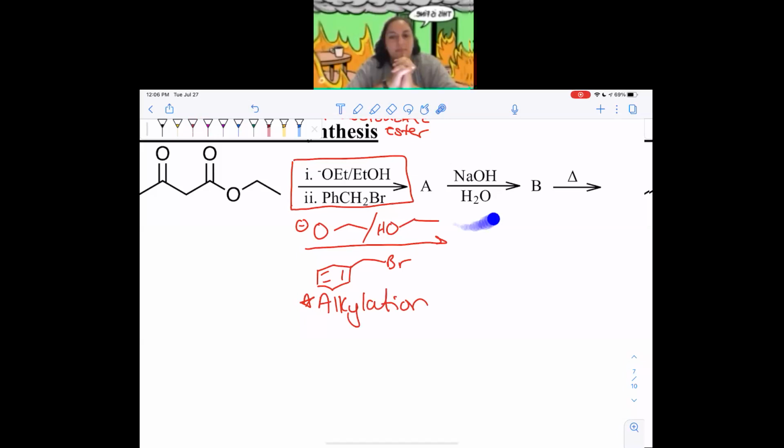All right. And we have NaOH and H2O. So we have water and we have a base. What reaction type could we have here? Think back to chapter 16 and 17. And it could be super general.